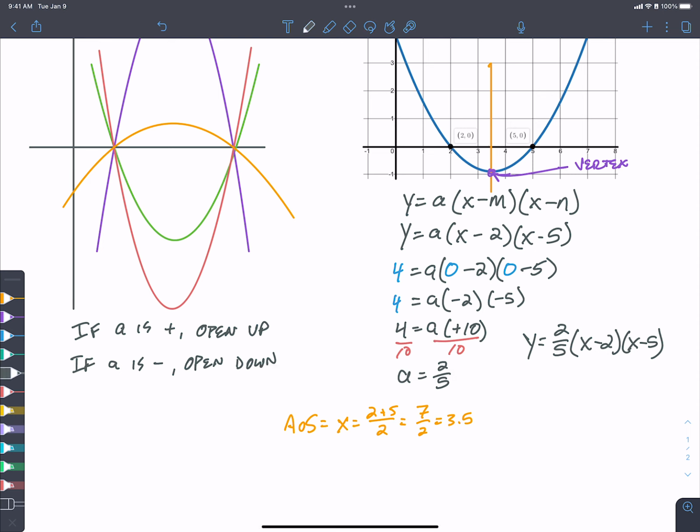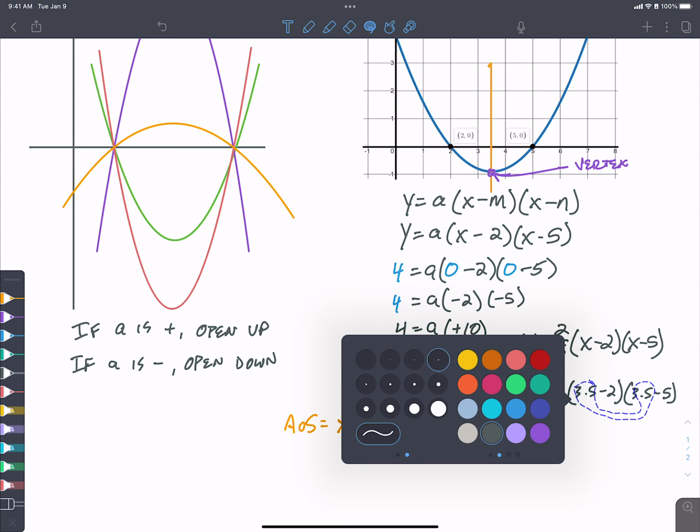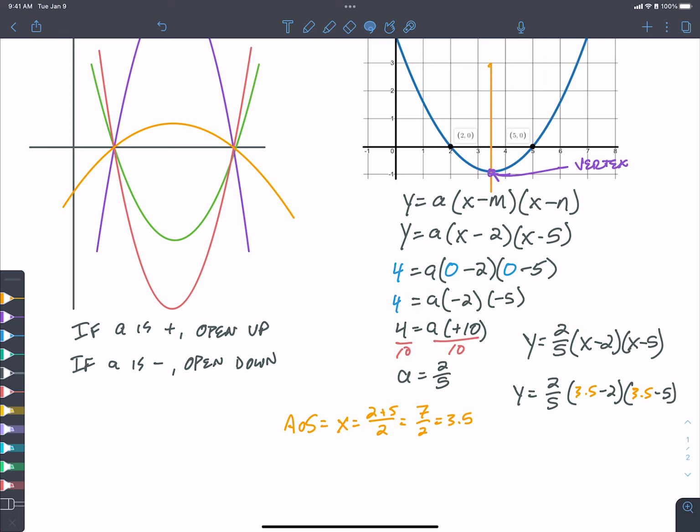So we're going to have y equals 2/5 times 3.5 minus 2 times 3.5 minus 5. And again, those 3.5s are our axis of symmetry. So let's get those color-coded.